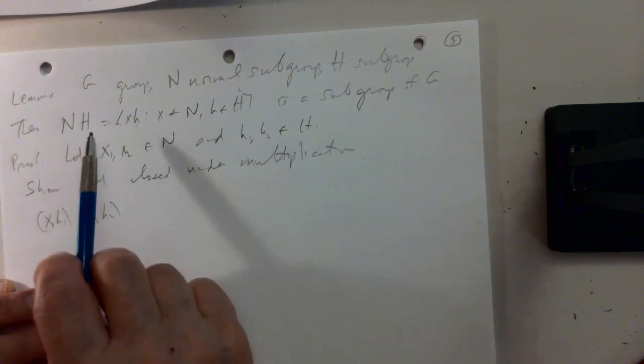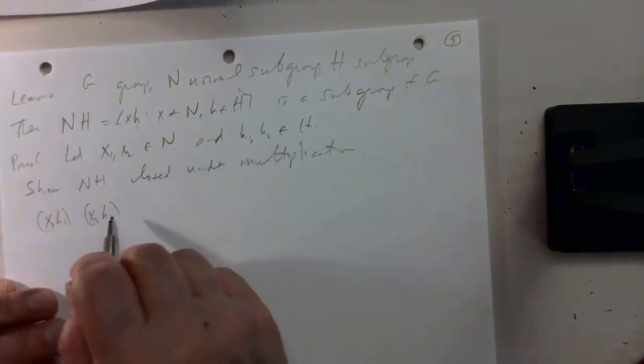So I take x1 h1 and x2 h2, and I multiply them. So I want to show that can be written as something in N times something in H.